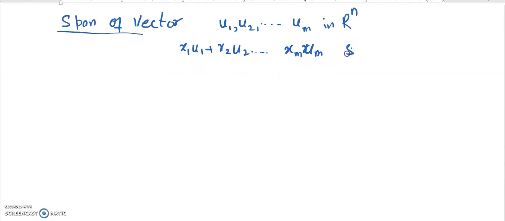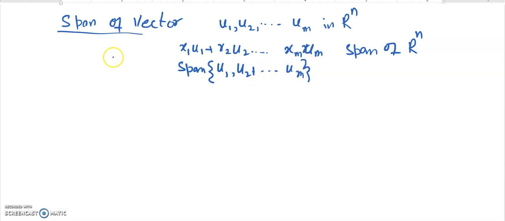Rn is the set of such vectors. It is denoted as span u1, u2, up to um.